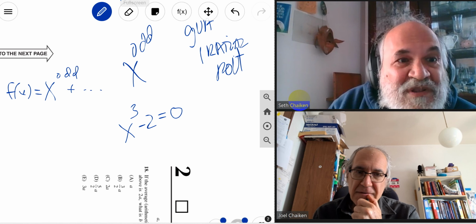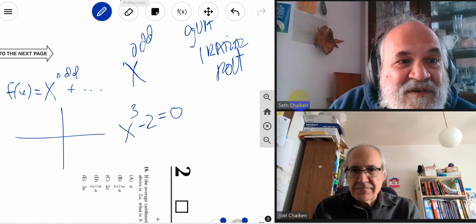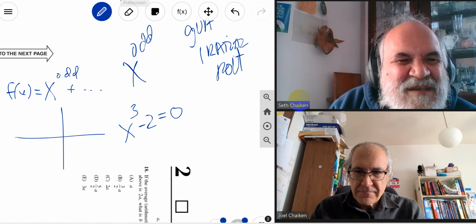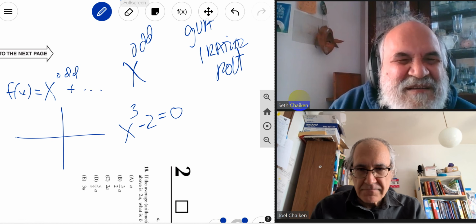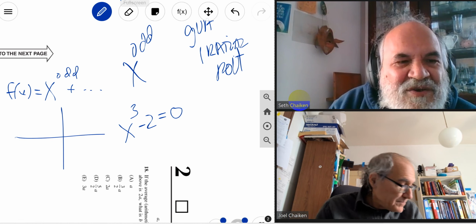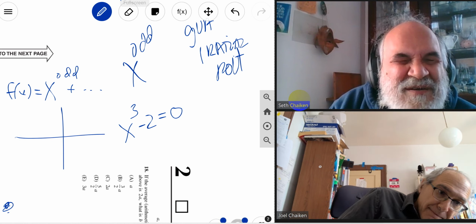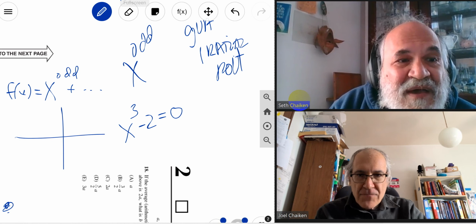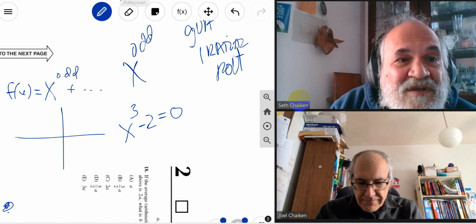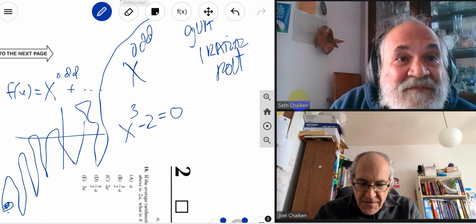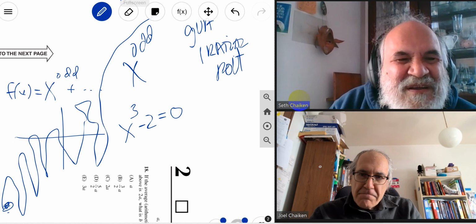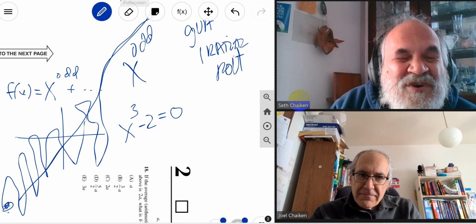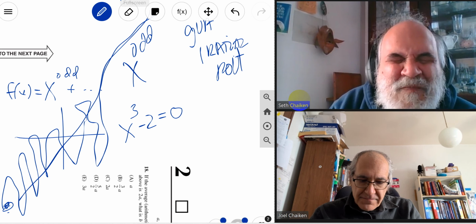Broadly speaking, for very, very negative x the value is down here, and for very, very positive x the value is up here, and somehow it has to cross the x-axis somewhere.